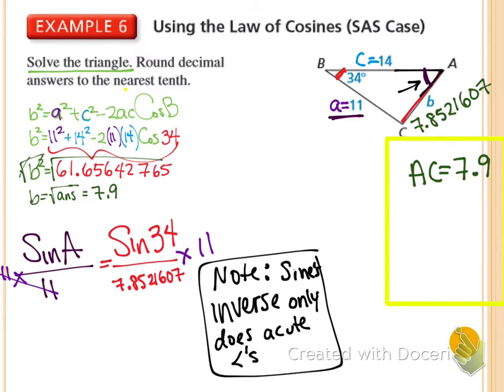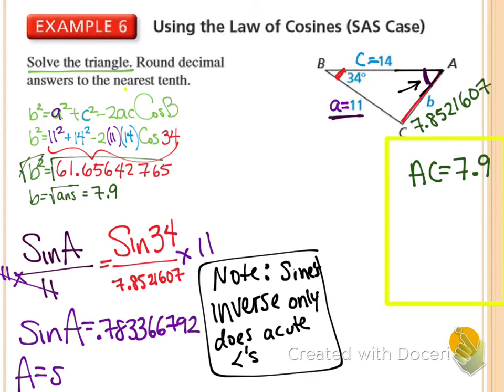So we're going to do fraction, sine of 34 over 7.8521607 times 11. In your calculator, you'll have sine of angle A equals 0.783366792. We're going to hit the shift button, shift sine to find an angle.